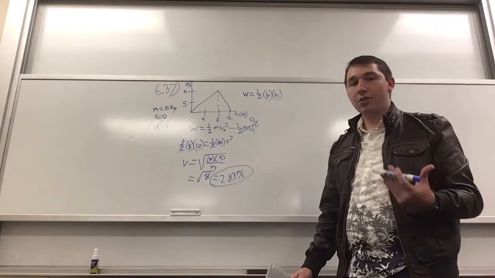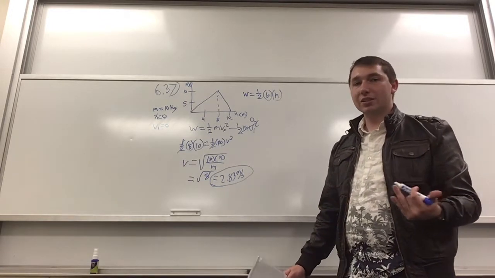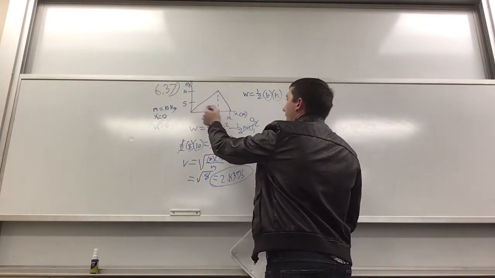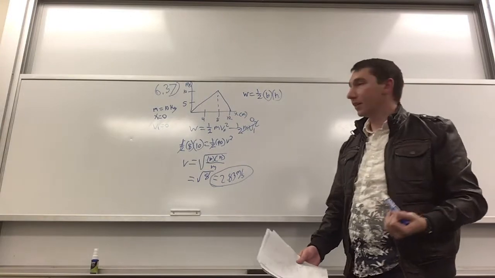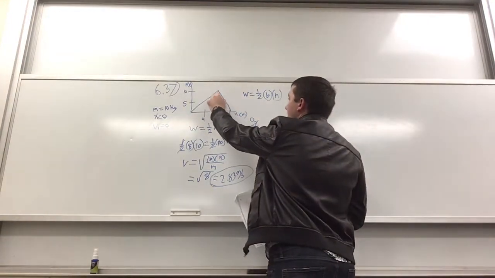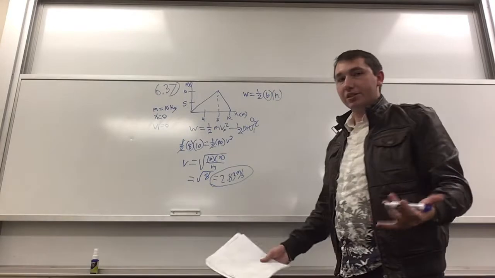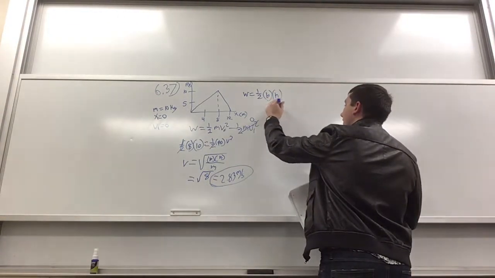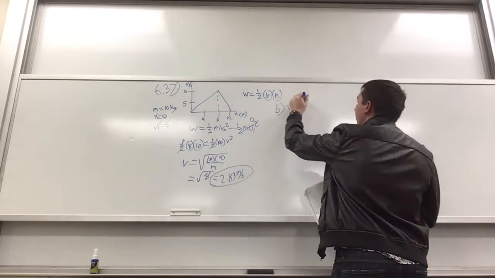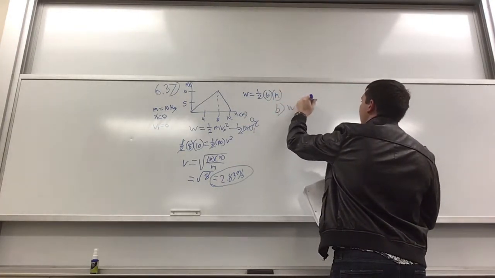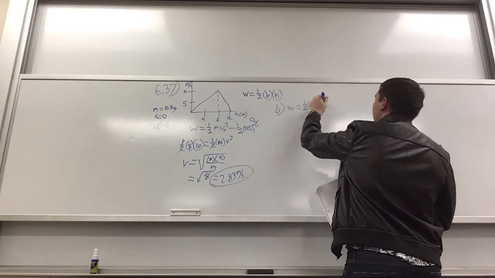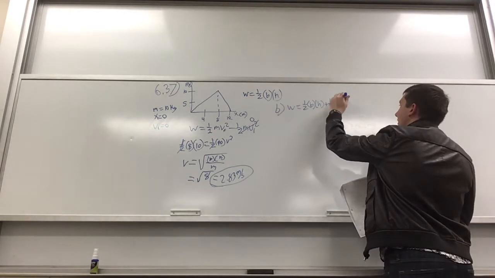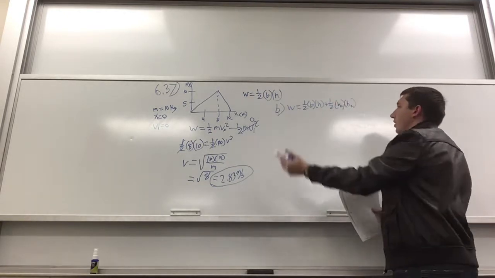Part B wants to know the velocity when the sled has gone 12 meters. And so we're just going to split this graph into two right triangles where the dotted line is, because that makes it easier to find the area. So for B, our work is going to be equal to 1/2 base times the height plus 1/2 second base times the height of the second triangle.